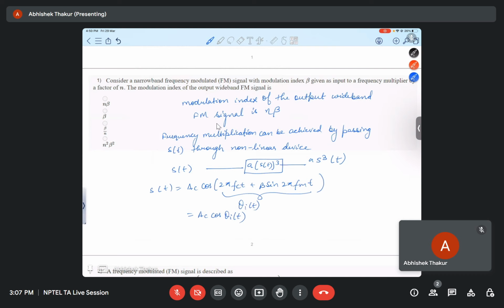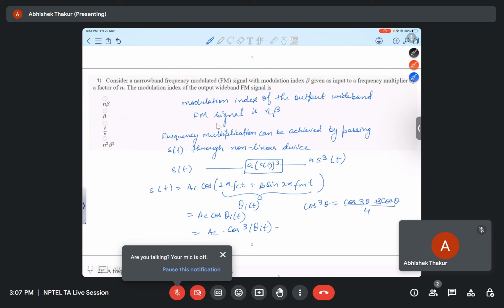After cubing it, we will get A dot Ac dot cos cube of theta i(t). And we know that cos cube theta is equal to cos of 3 theta plus 3 cos theta, divided by 4.